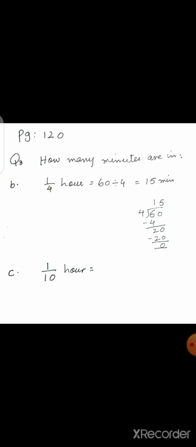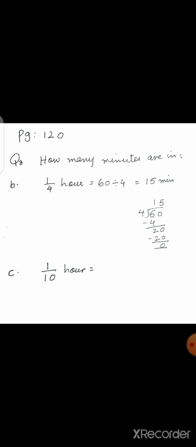How many minutes are in 1/4 hour? 60 divided by 4. It's difficult to divide orally, so you will divide as you do long division sums. 60 divided by 4, hide 0, first divide 6 divided by 4. 4 1s are 4, good. 6 minus 4 is 2.